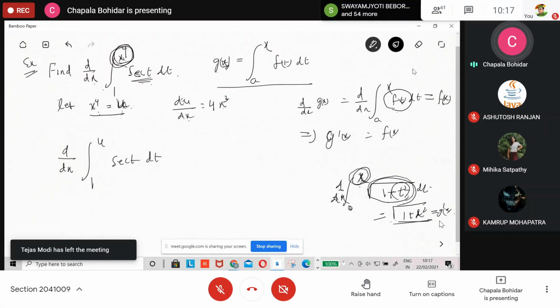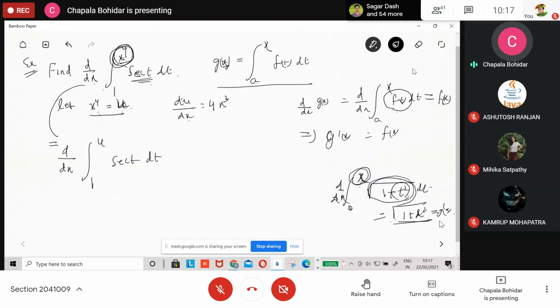Here my variable is converted to u, so it should be d by du. By applying the chain rule, I can write d by du of the integral from 1 to u of sec t dt, and then to cancel the du, I have to write du by dx.